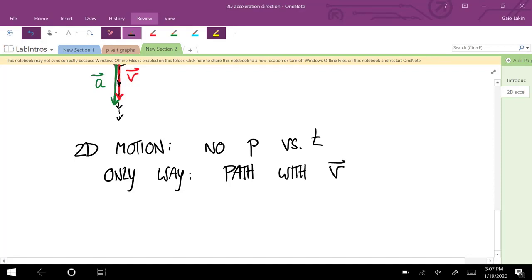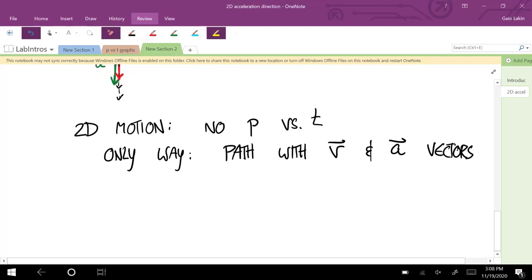And on top of that, we're going to represent the directions of the velocity and acceleration vectors. But now these are a little more complicated in 2D than they were in 1D, because we don't just have speeding up and slowing down, we have turning also.